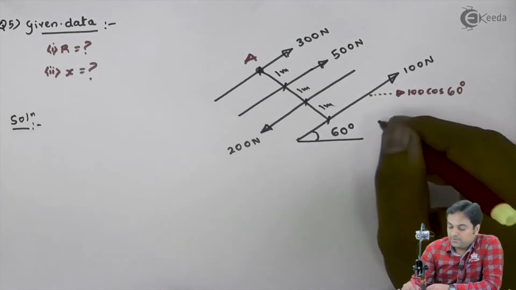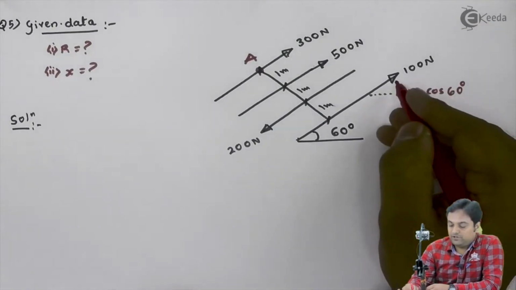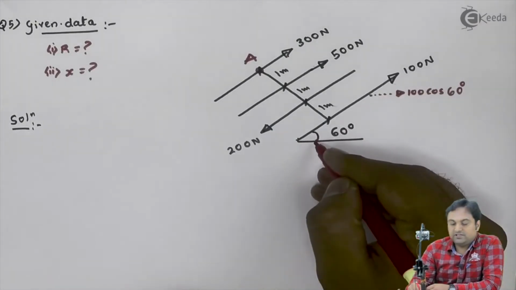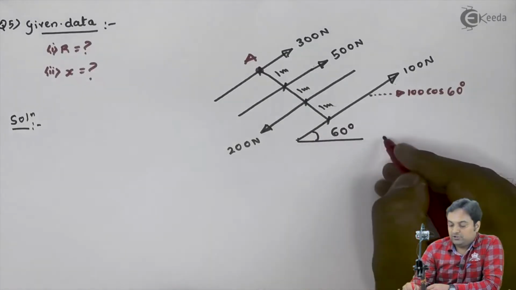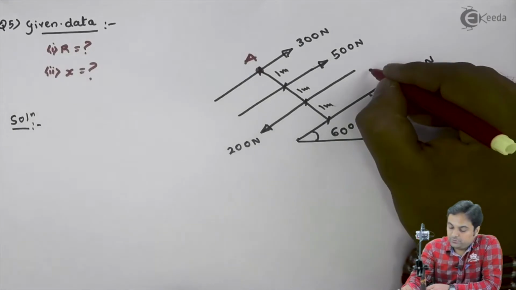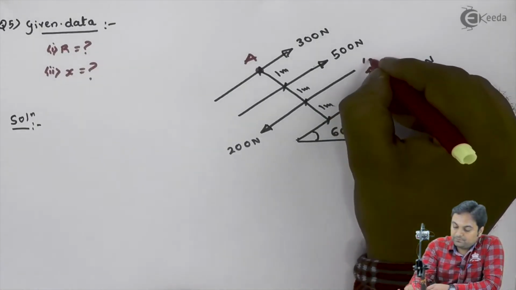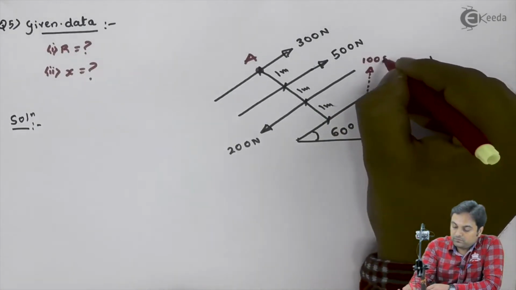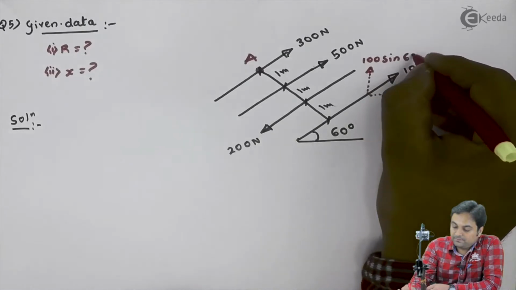So here the horizontal component of 100 Newton force, which is inclined at 60 degree with horizontal, is 100 cos 60. Its vertical component will be 100 sin 60.